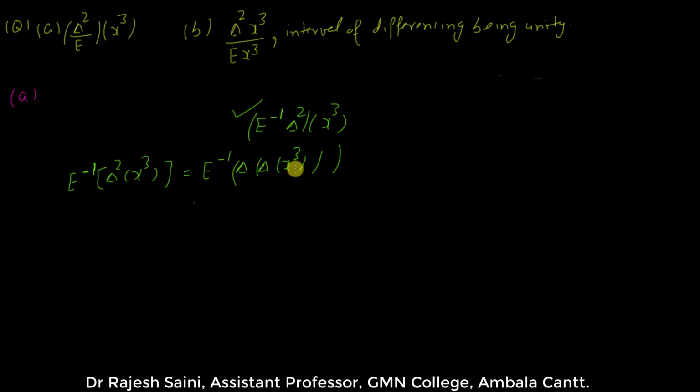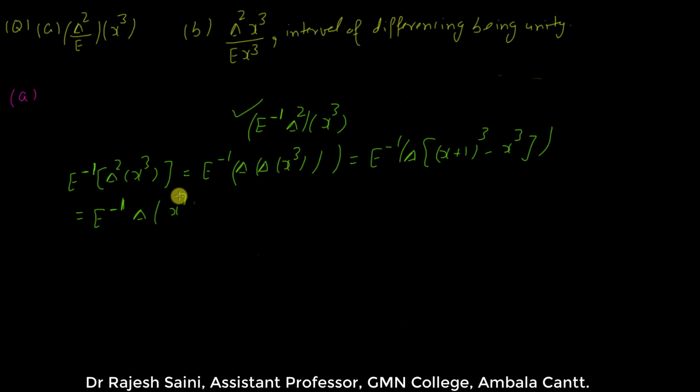Now we have to find delta x cube. This will be E inverse delta x cube. 1 is the interval of difference. It will be x plus 1 cube minus x cube. Done. So this will be E inverse delta.